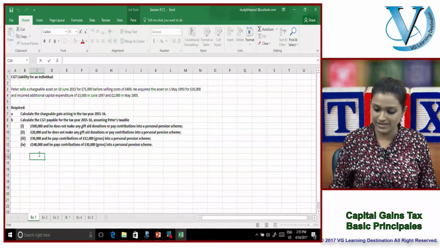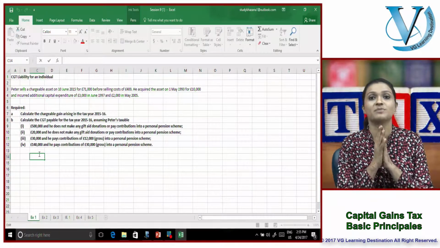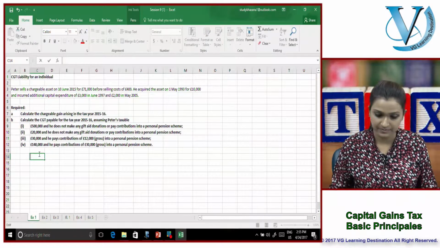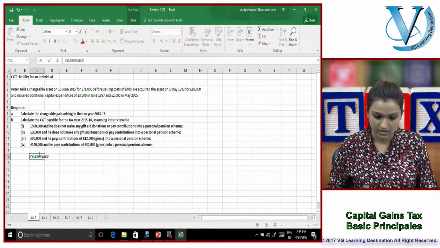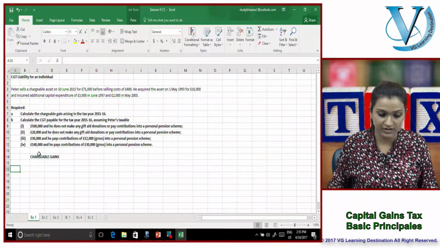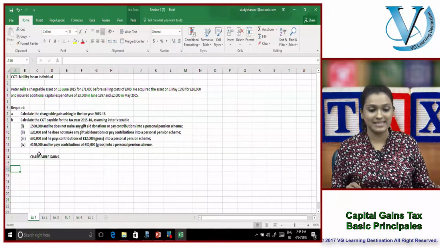So what do we do? We start off with calculating our chargeable gain arising by selling off the asset. So how do I do that? Chargeable gains. I first start off with the sale proceeds. What is the sale proceeds?